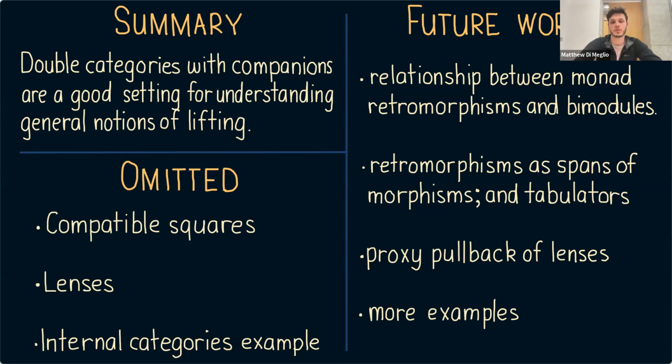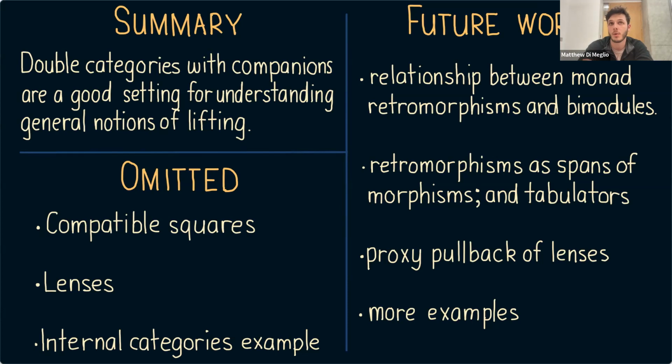Every cofunctor is a span whose left leg is a bijective on objects functor and whose right leg is a discrete opfibration. And this turns out to be the same thing as saying that this double category of categories, functors, and cofunctors has effective tabulators, which is something that Bob talked about in the previous talk.